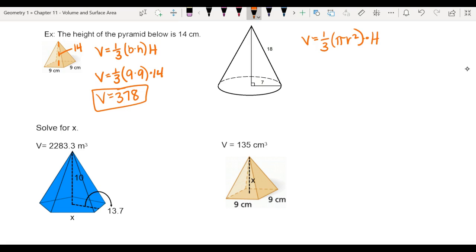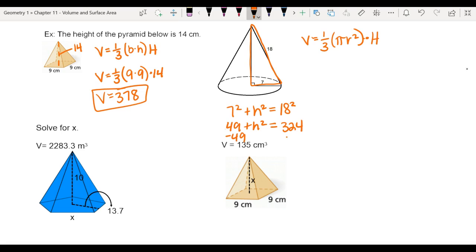What's my height? It's not 18. Good. You have to do the Pythagorean theorem on this one. So you do 7 squared plus whatever your height is squared needs to equal 18 squared. So this is 49 plus h squared equals 18 squared, which is 324.